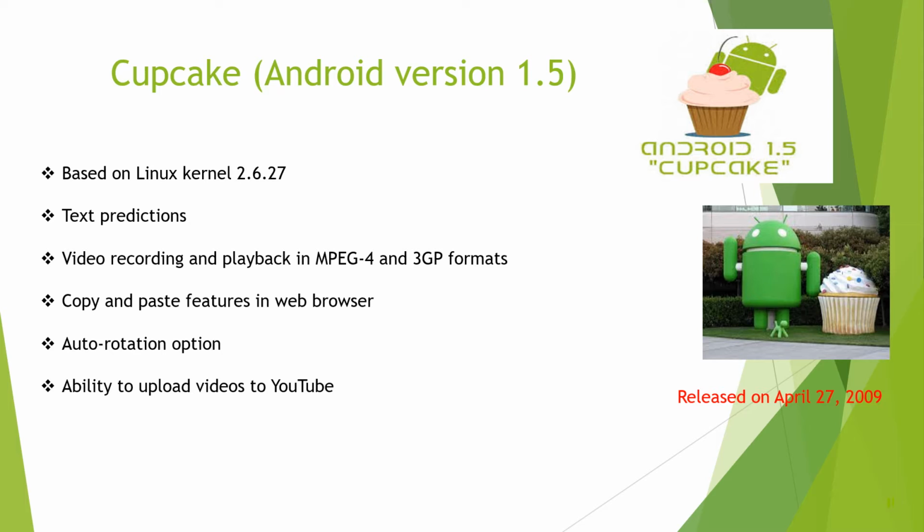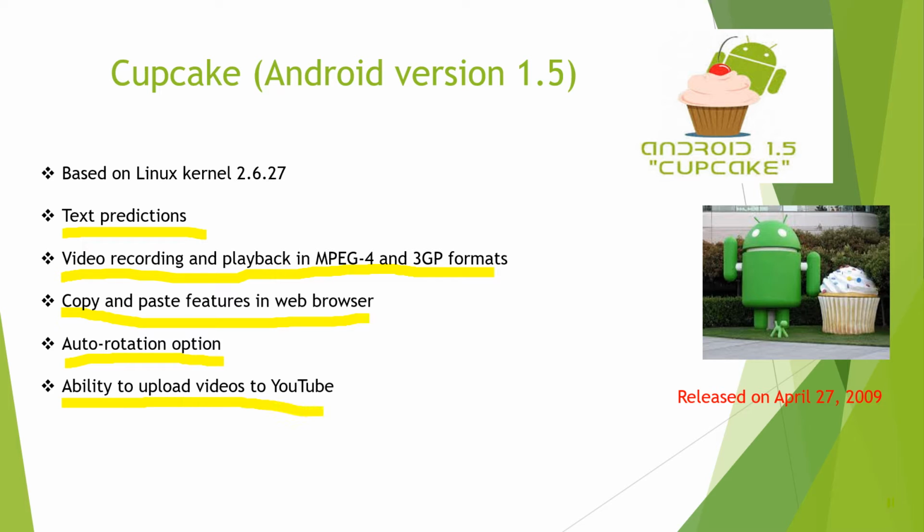Cupcake is based on Linux kernel 2.6.27, and some of the features are text predictions, video recording and playback in MPEG-4 and 3GP formats, copy and paste features in the web browser where you had the ability to copy or paste images or text, auto rotation option where you could auto rotate your phone screen, ability to upload videos on YouTube. So these were some of the important features that took place in Cupcake.